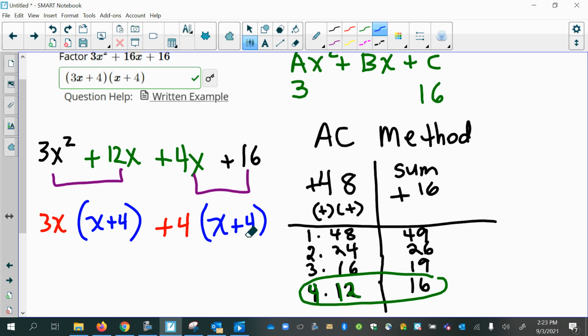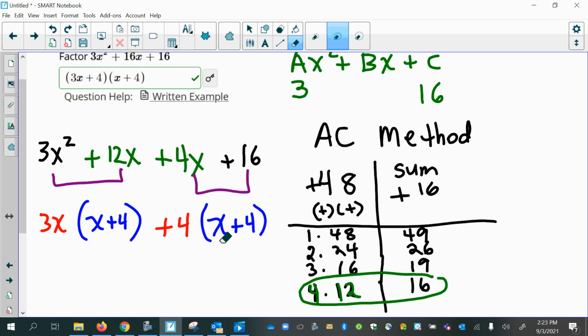Now, at this point, instead of 4 terms, I have 2 terms. Okay, terms are separated by pluses and minuses. And when you see two quantities multiplied together like that, this forms a single term. And then this plus sign right here separates it from the term 4 times x plus 4.